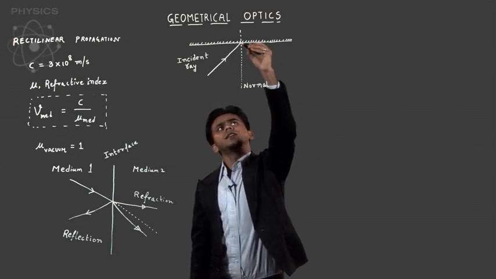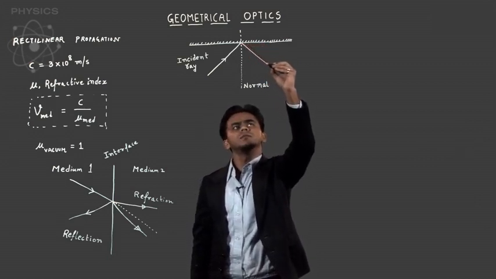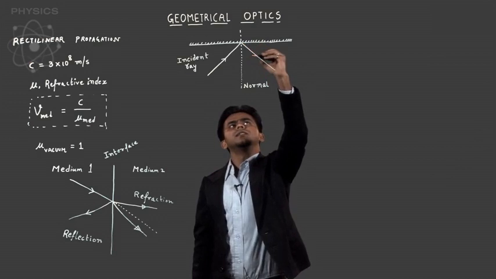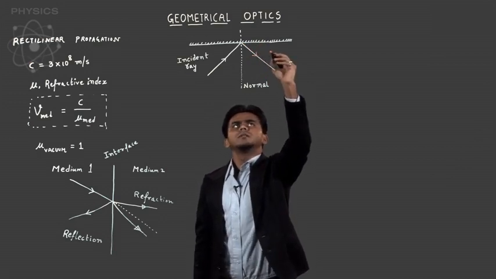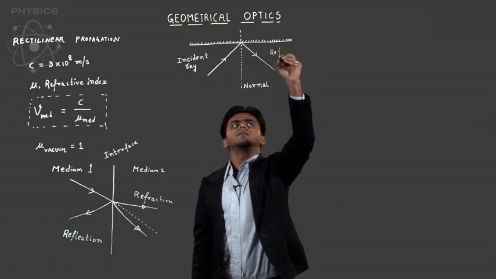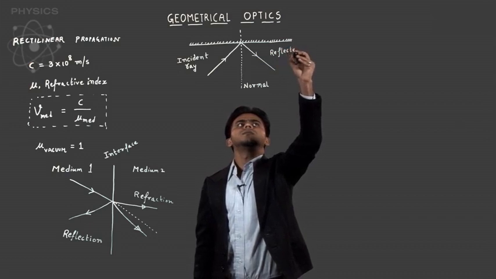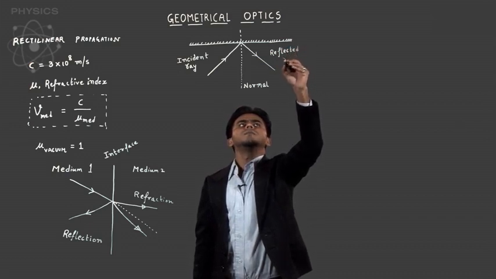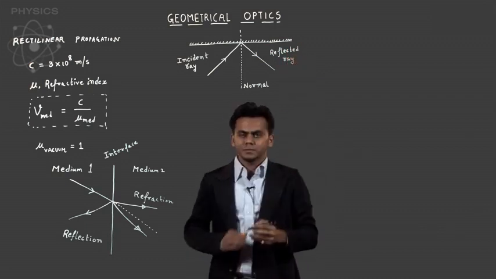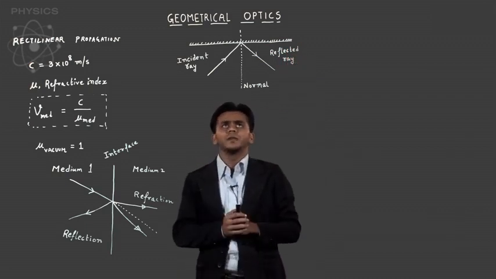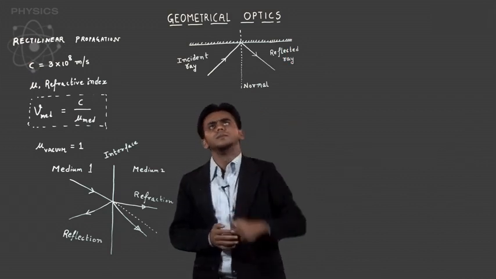The ray is reflected along this path, and this ray is quite obviously known as the reflected ray. As the name suggests, this is reflection. So you have the incident ray, the reflected ray, and the normal.